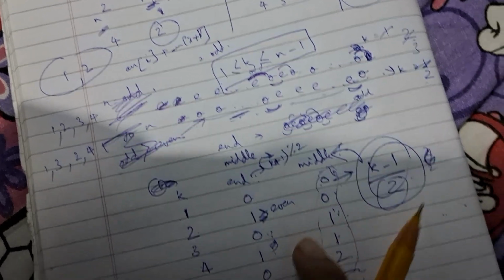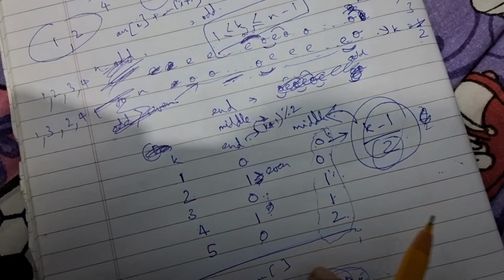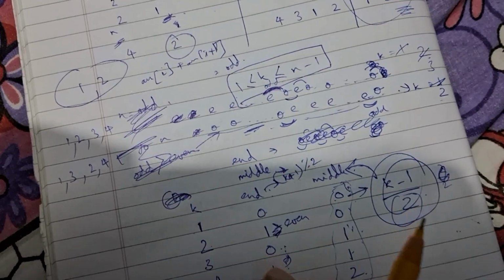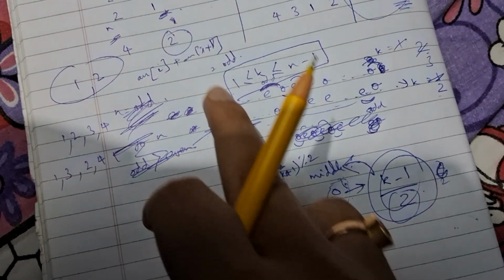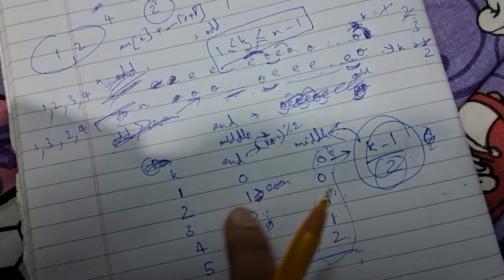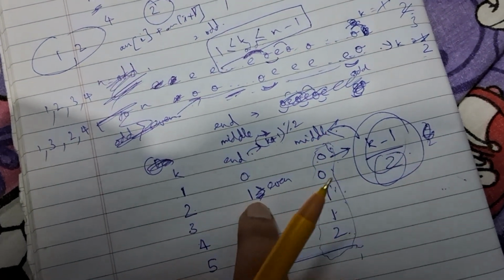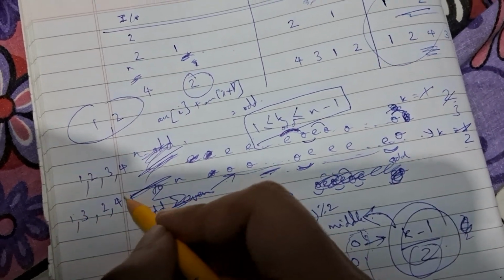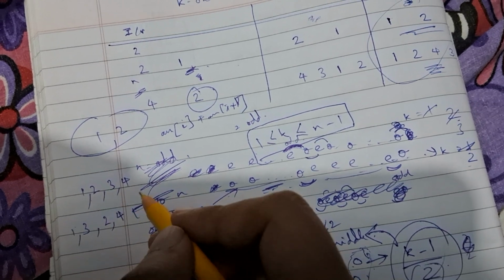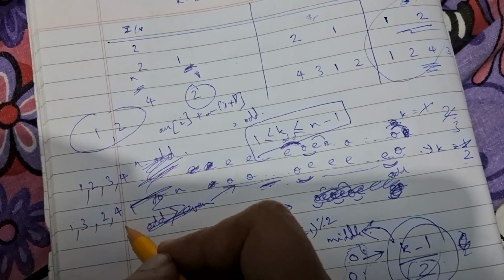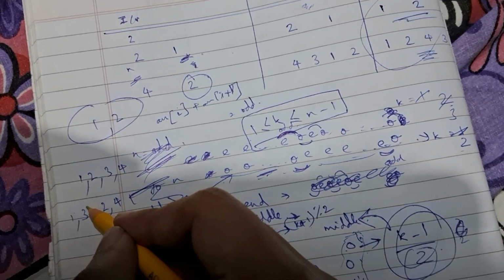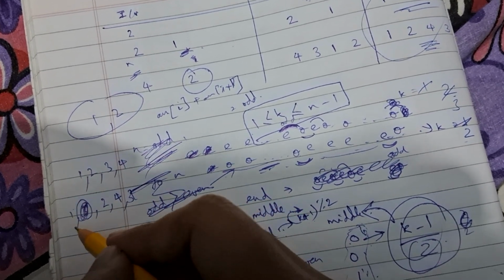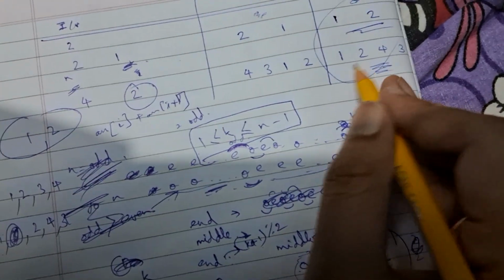After we get 1 3 2 4, since k is 2, the end there is 1. So what we do is we take out one odd from here and put it at the end, so it becomes 1 2 4 3.